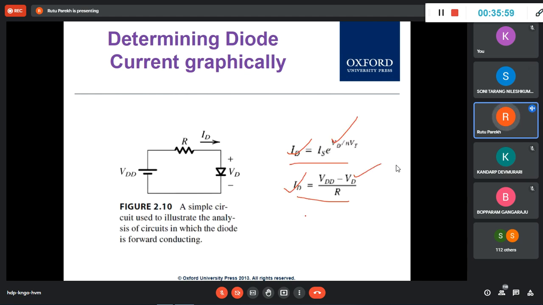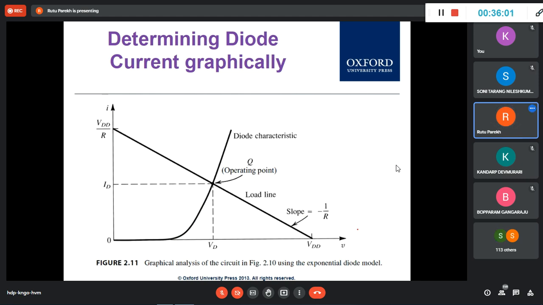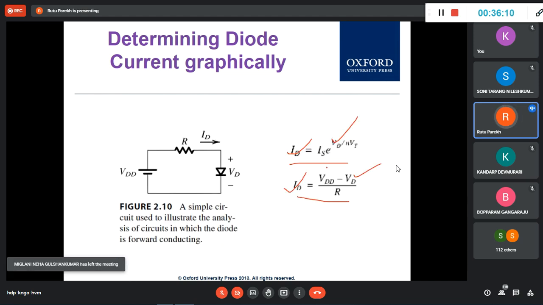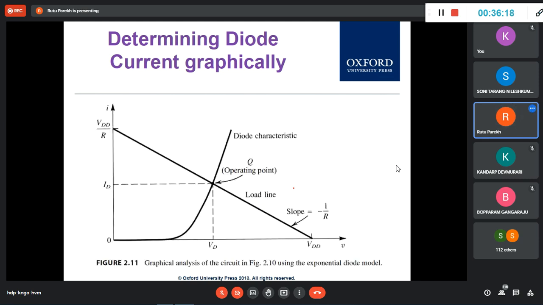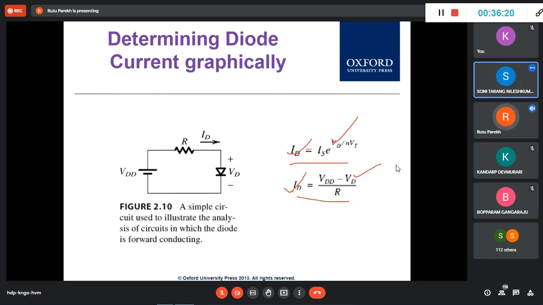So this line is V is equal to 0 and this line is I is equal to 0. In this, if I put I is equal to 0, then V is equal to VDD.